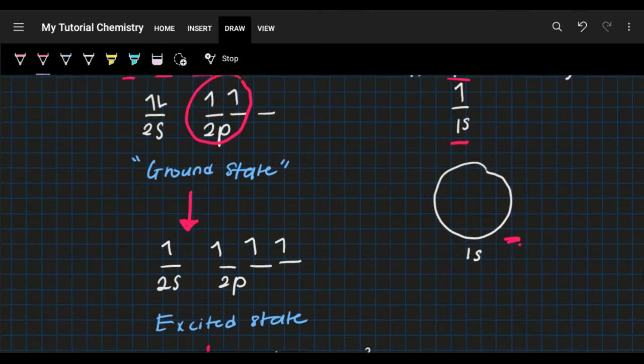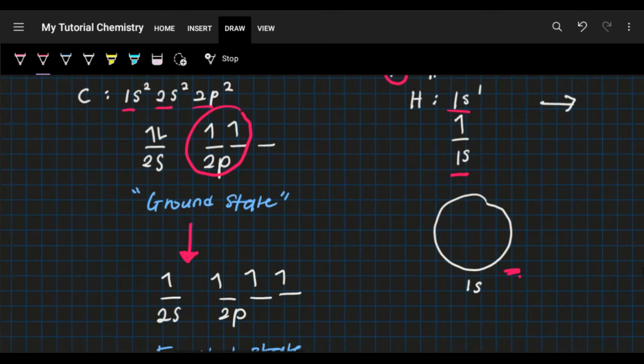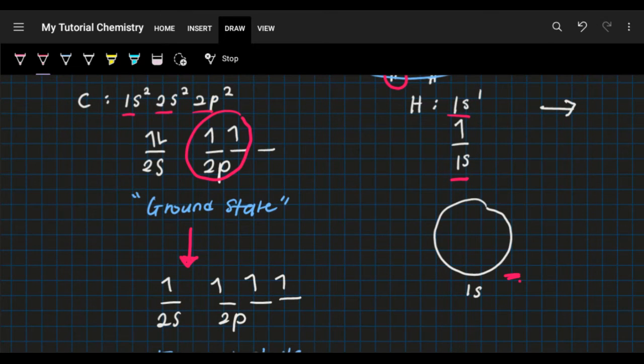What is the excited state? The excited state is when an electron from the 2s orbital is promoted into the p orbital.